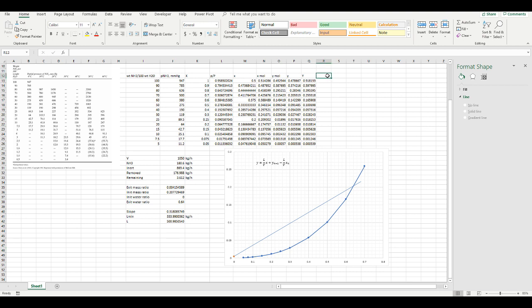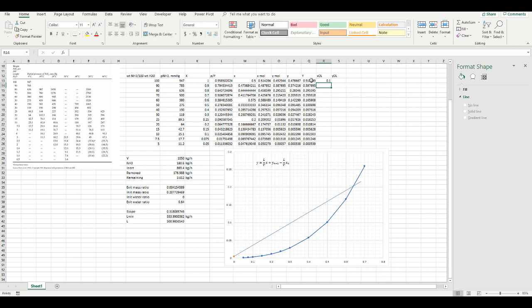So let's just create a new series here. The x-axis values can be completely arbitrary. So we know it has to go somewhere from 0 to 0.6. So let's do something like that.